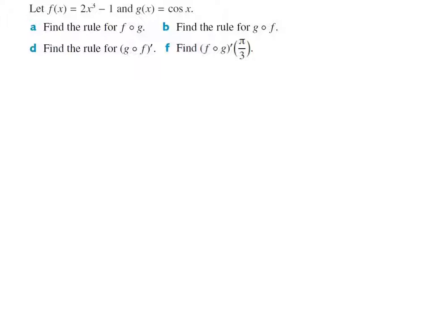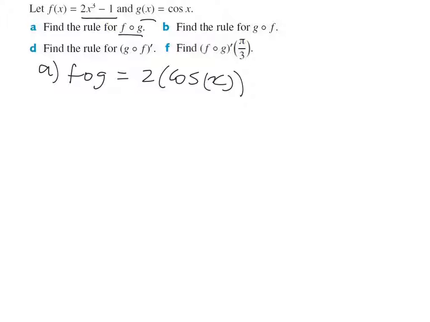So f of g means that we've got f, and then instead of x, we're going to write g of x in there. So for a, fog equals 2, and then instead of x, we're going to write cos x, that has been cubed, minus 1.